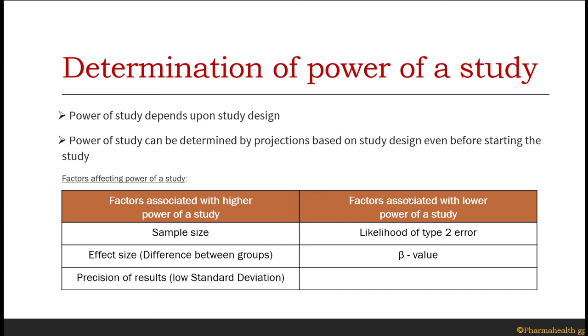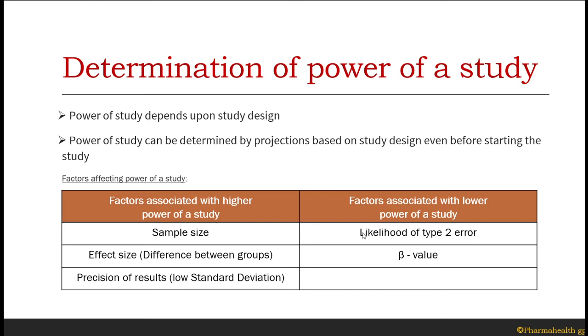Similarly, talking about the factors associated with lower power of study, you know that power of study is 1 minus beta. So beta value is directly associated with the power of study. Let's say beta is 0.2, then power of study would be 0.8, and 0.8 means 80% power, which is considered a good power, and the study is considered a quality study.